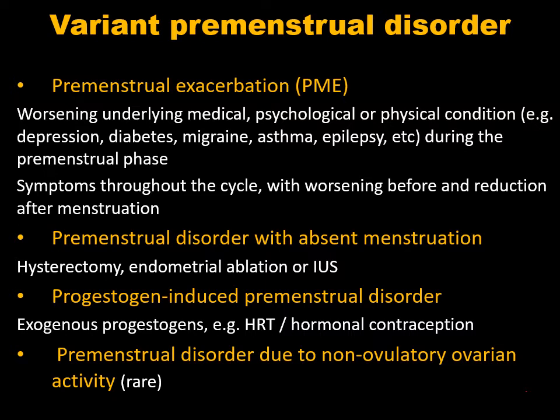The symptoms will be present throughout the cycle with worsening before and reduction after menstruation. These disorders can be present with absent menstruation, as in cases of hysterectomy, can be induced by exogenous progestogens in HRT or hormonal contraception, and can occur due to non-ovulatory ovarian activity, but this is rare.